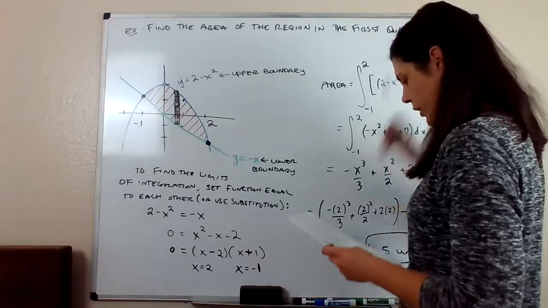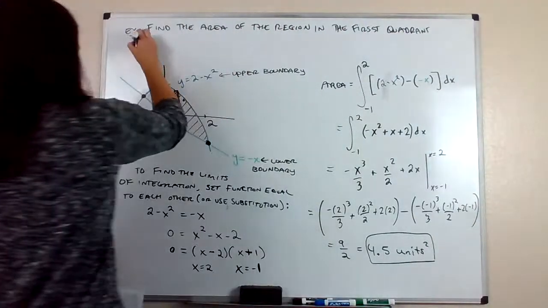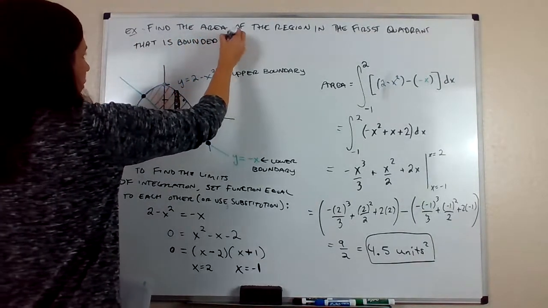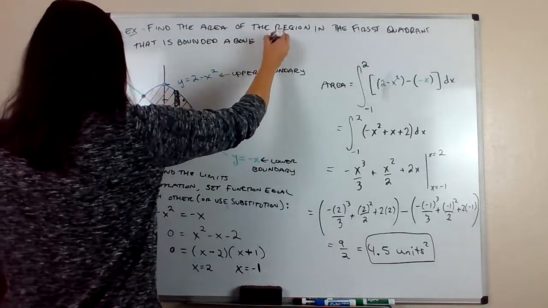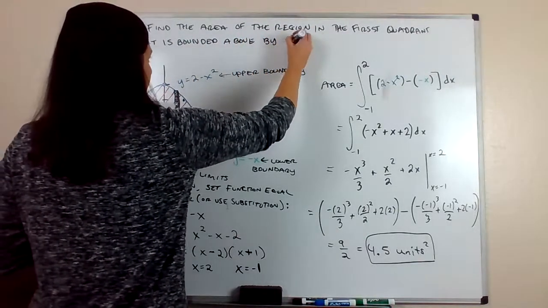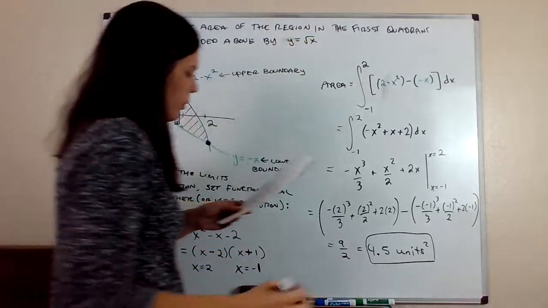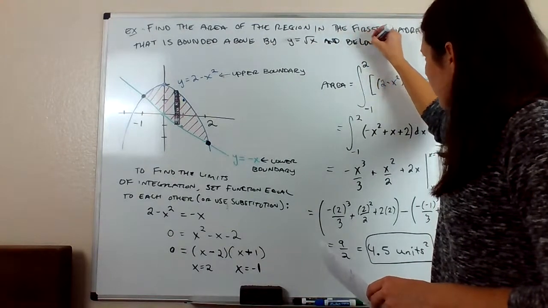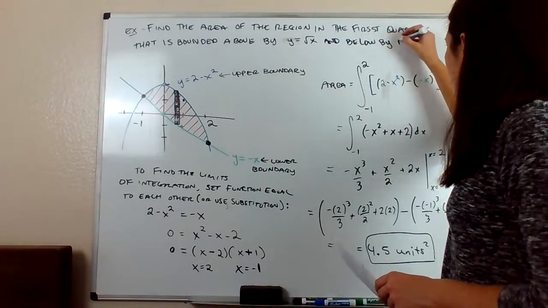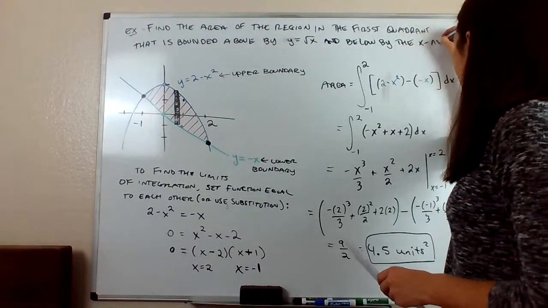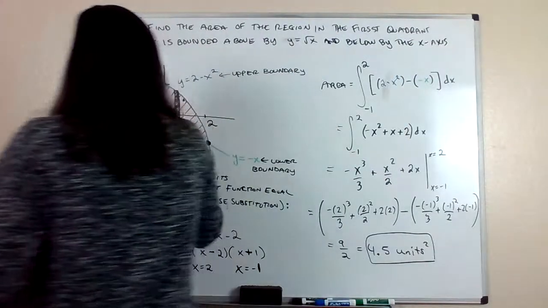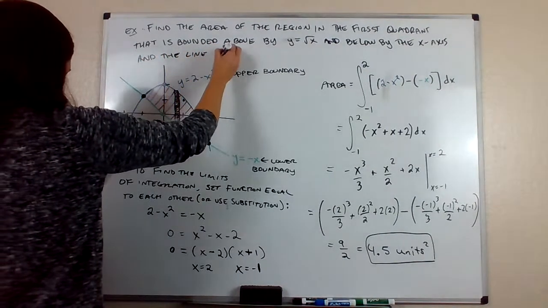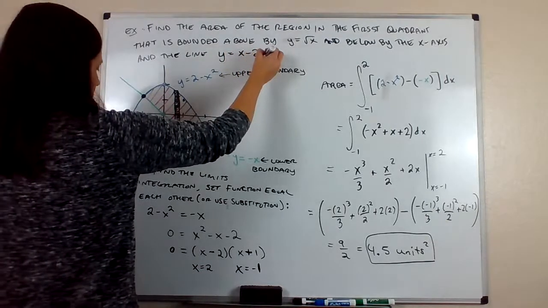So first quadrant, and it's bounded above by y equals square root x, and below by the x-axis, but also the line y equals x minus 2.